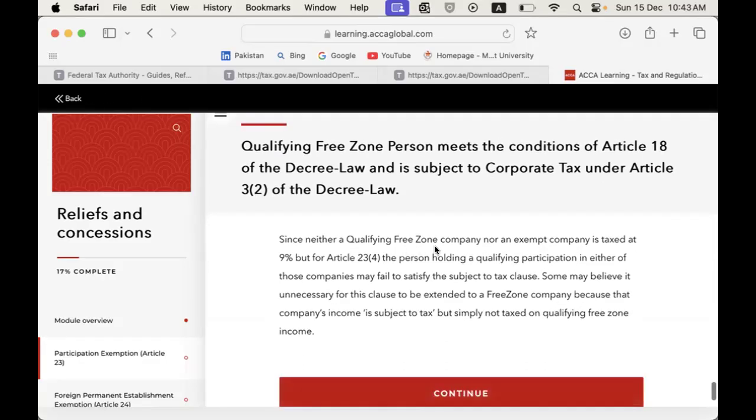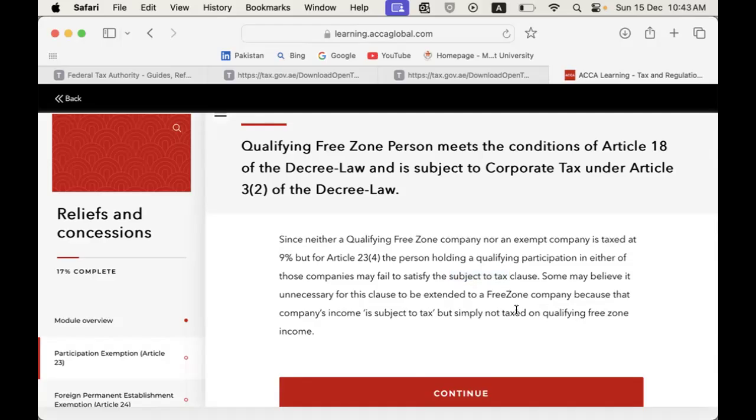Neither a qualifying free zone company nor an exempt company is taxed at the rate of 9%, but for Article 23, Clause 4, the person holding a qualifying participation in either of those companies may fail to satisfy the subject to tax clause. Some may believe it necessary for this clause to be extended to a free zone company because that company's income is subject to tax, but simply not taxed.